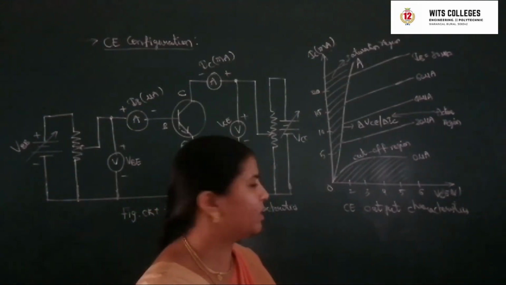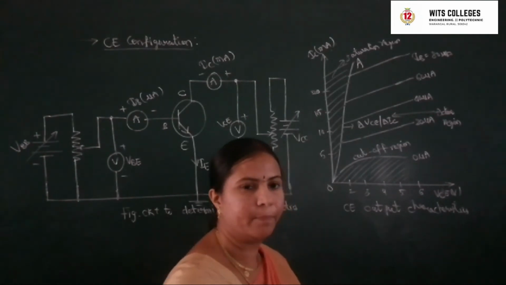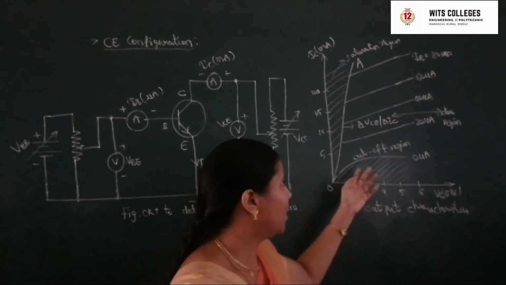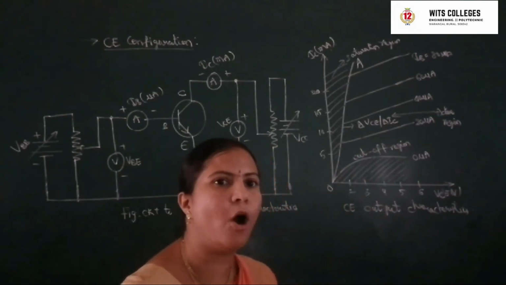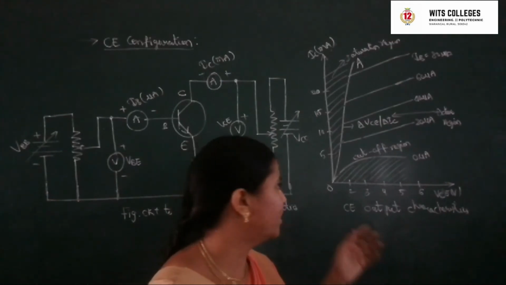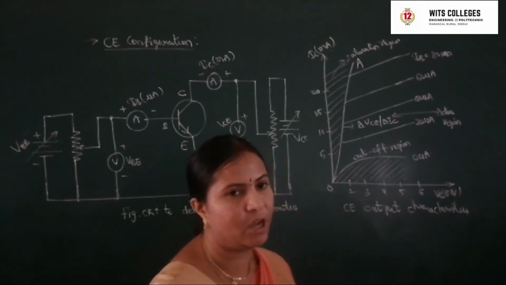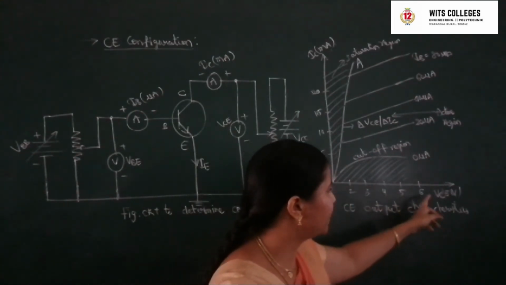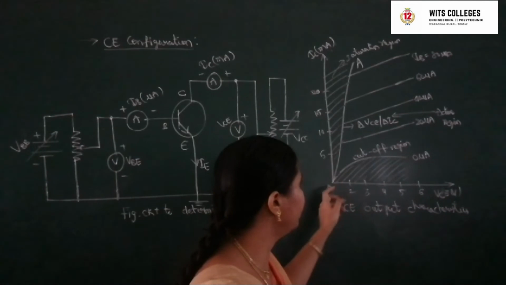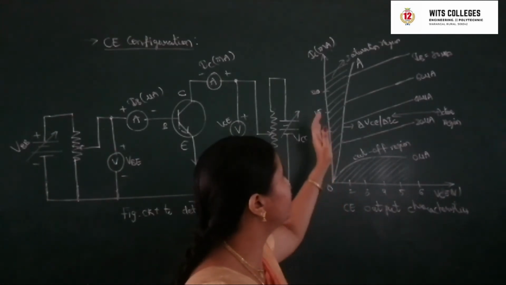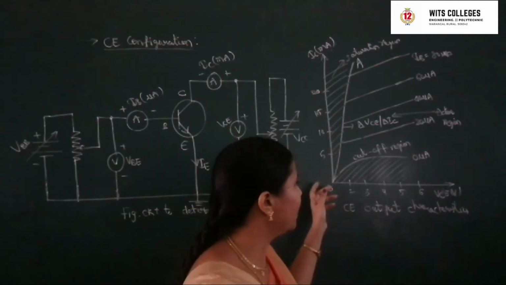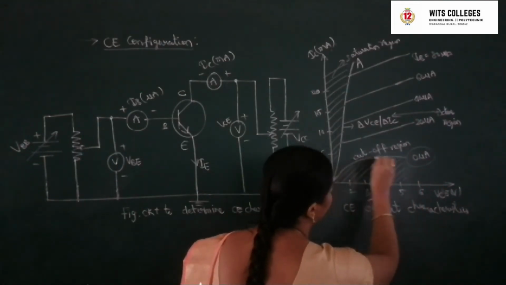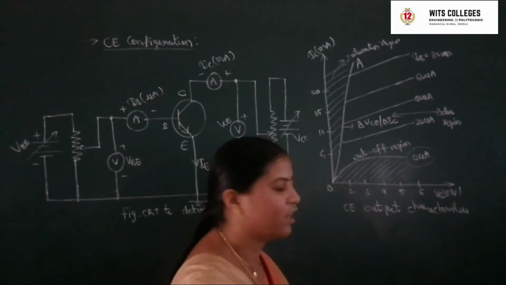The transistor is in the off state. When you increase the collector to emitter voltage, the collector current increases slightly. If you draw the curve between VCE and IC at constant IB equal to 0 microamps, you will get a curve like this. This is the cutoff region.